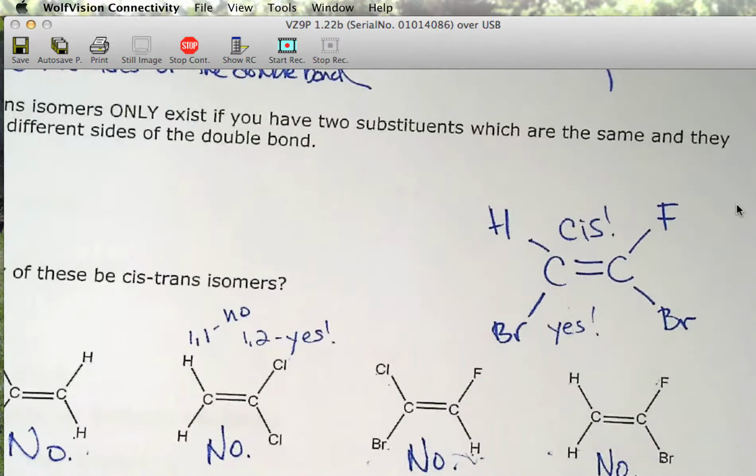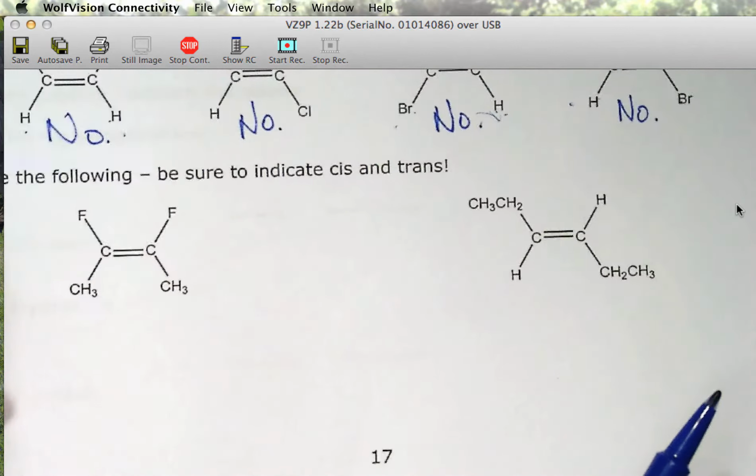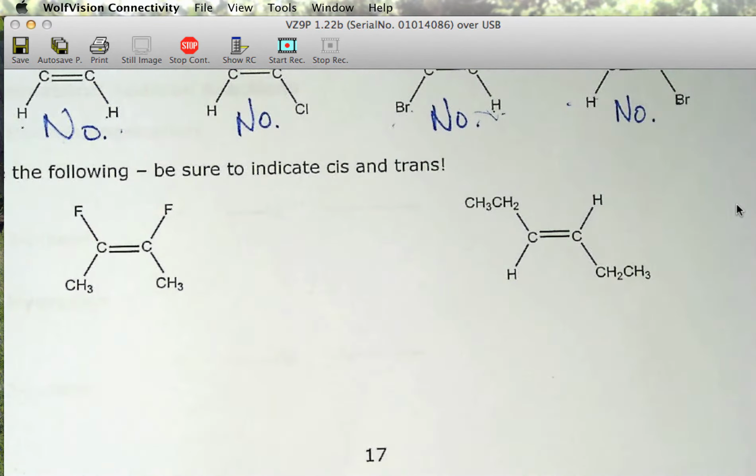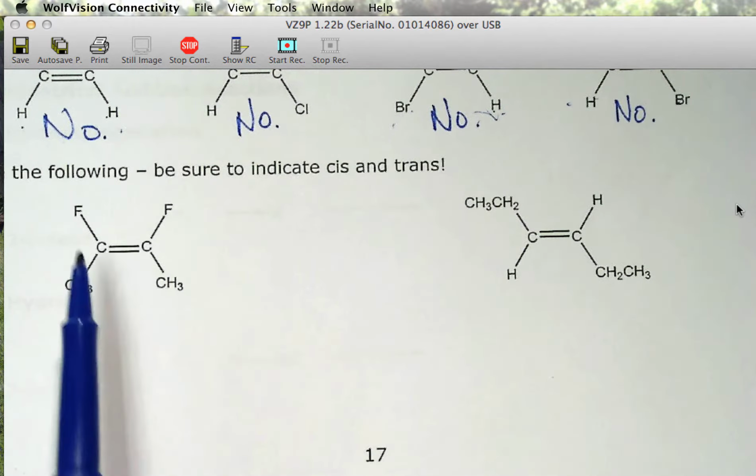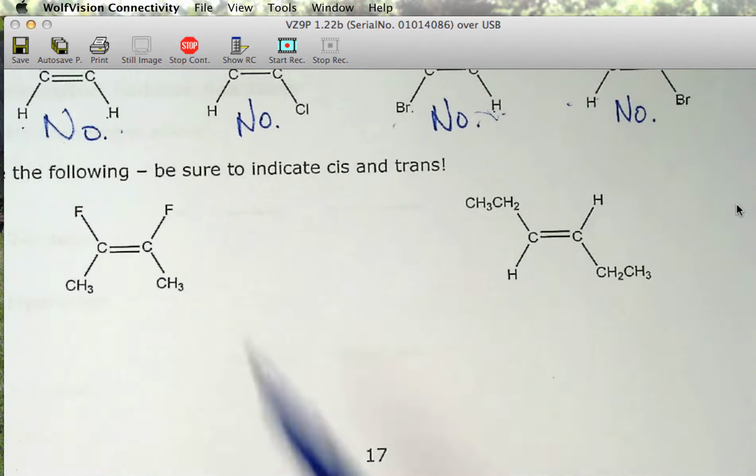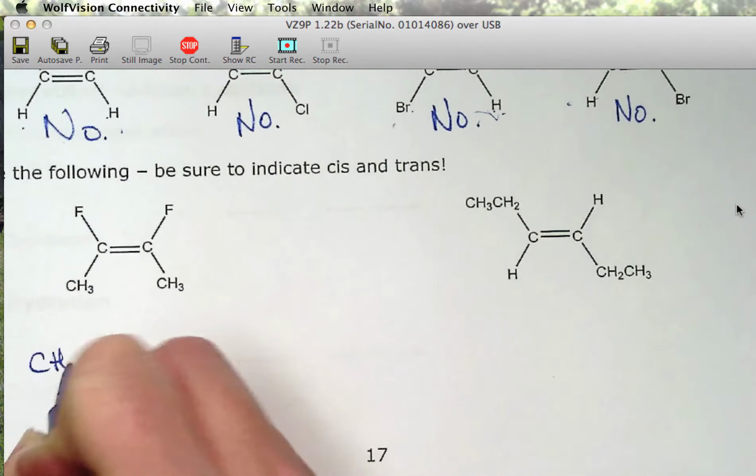All right, so when you're taking a quiz or an exam and you're asked about cis or trans isomers, be aware of the suggestive format. You wouldn't be able to tell whether this was cis or trans if I had it written like this.